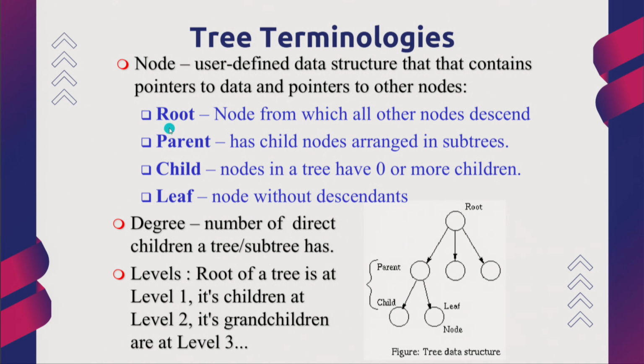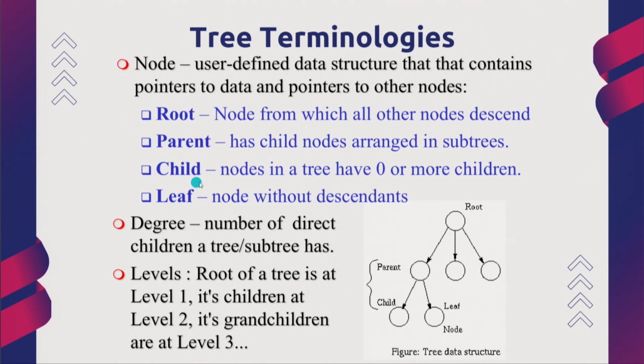For instance, if the root node has two children, then we say the tree contains two subtrees. One is the left child of the root node, and the other subtree is at the right side of the root node, with the right child of the root node being the parent of the right subtree.